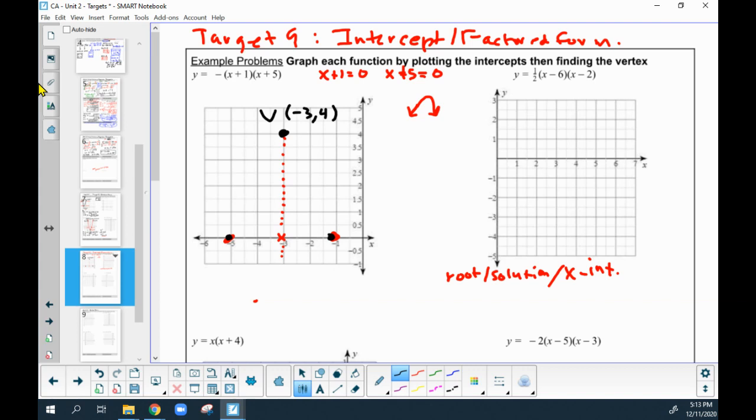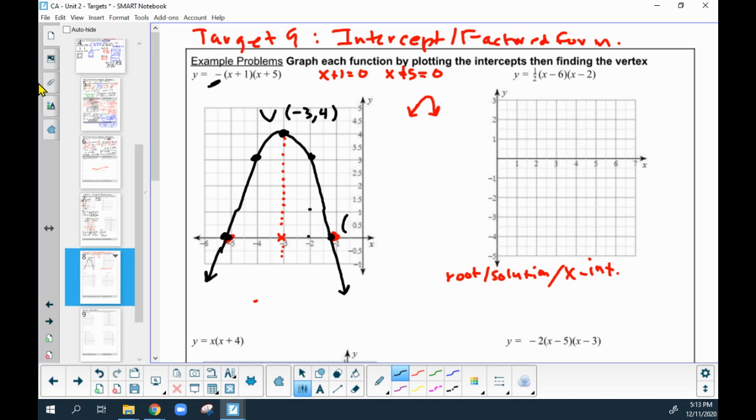You start with the vertex, you make sure that's a 1, and then you go down 1, left 1, down 1, right 1, and then from that point you go down 3, 1, 2, 3 over 1, down 3, 1, 2, 3 over 1, which are those intercepts anyway, and graph. This is just a way to be more accurate with your curve, and then we'll label those points.